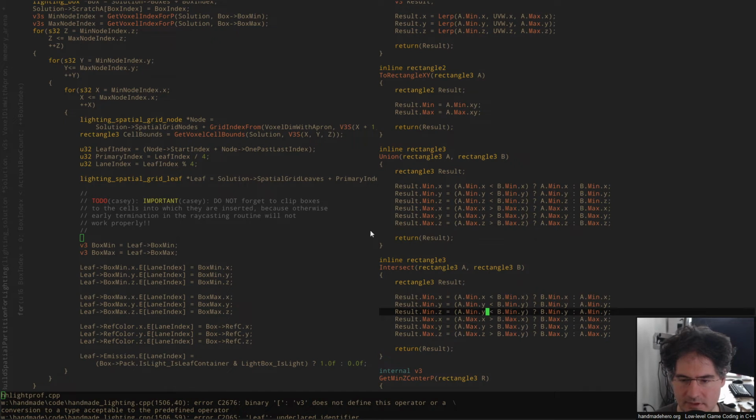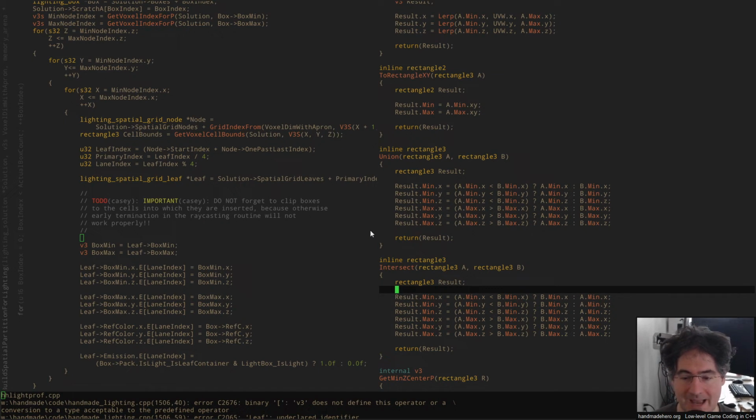So the intersection and the union of boxes is just two different ways of using the comparison. In the union case, you take the lesser of the two things for the minimum and the greater of the two things for the maximum, so you expand the size to take the furthest in each direction. And intersecting two rectangles is just the opposite operation. You compare the two, and then you take whichever one was the least along that axis.